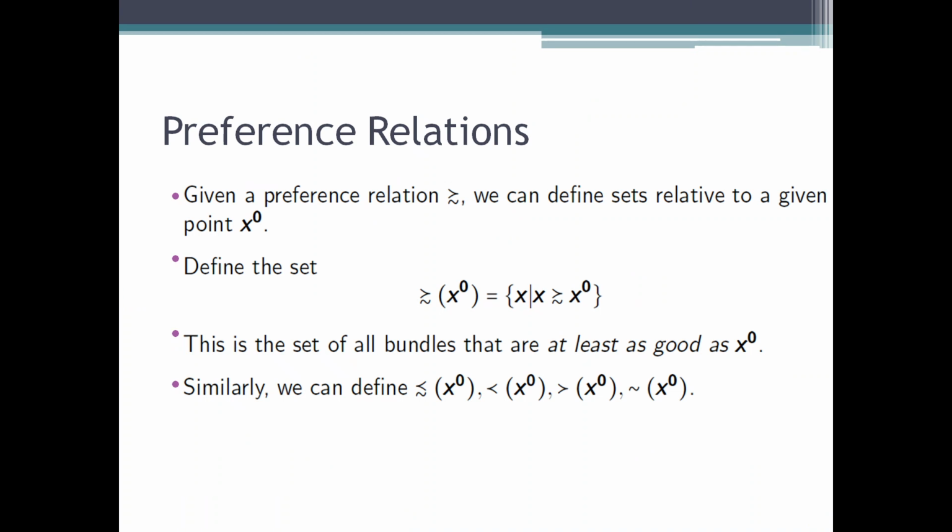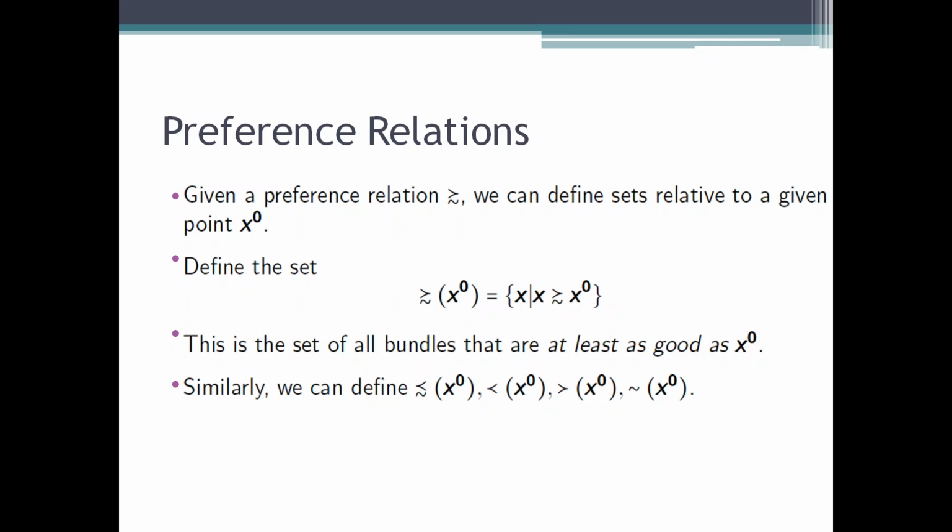So to put it in notation once again, given a preference relation of at least as good as, we can define sets relative to a given point x node. We put the sets in curly brackets, with our reference point being the point x node.